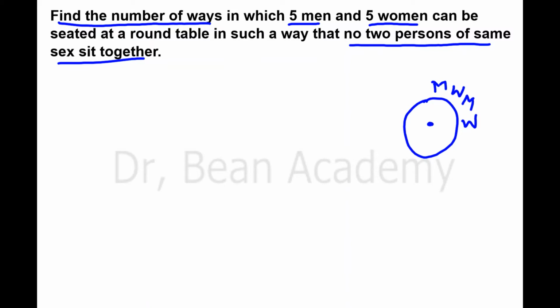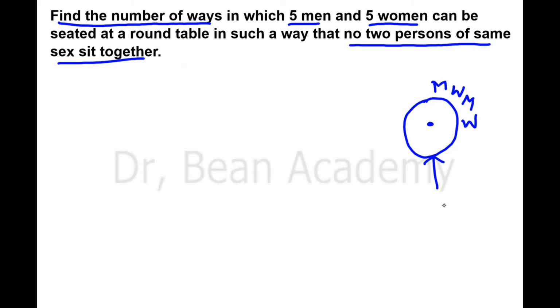So remember this fact. If they want to sit at the same table, we can take any one from these two groups, men or women. We can take only one person as a reference. So it's up to you.